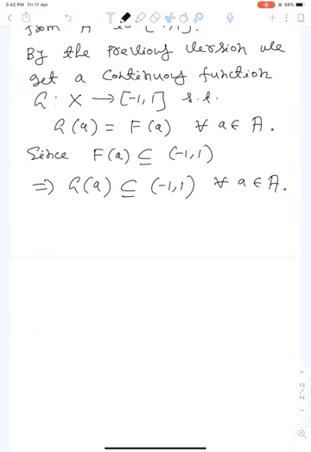Fine. Now let D be the set g inverse of {-1} union g inverse of the singleton set {1}.